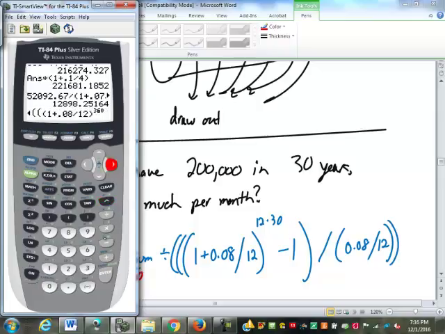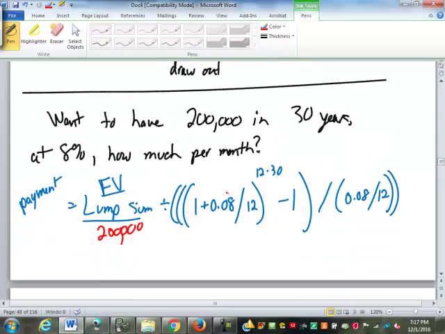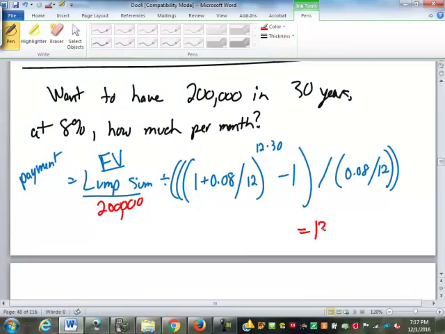Arrow out. Minus 1. Close. Divide. Open. 0.08 divided by 12. Close and close. So $134.20 a month is what you'd have to put away to get to $200,000 in 30 years.